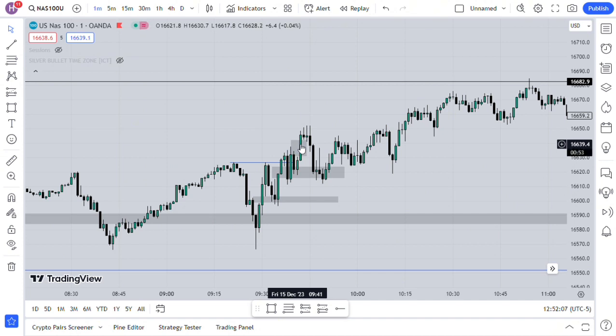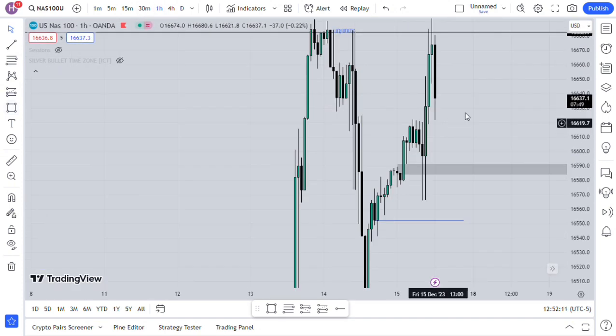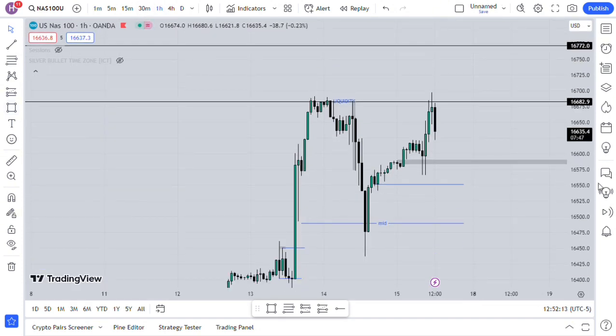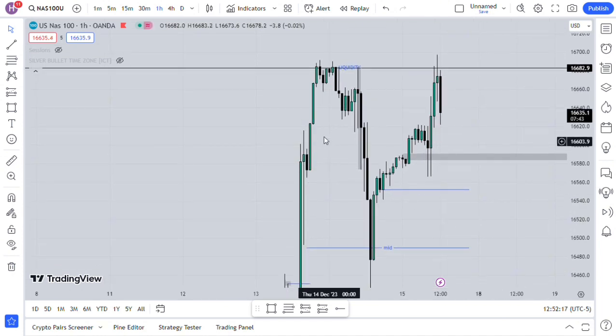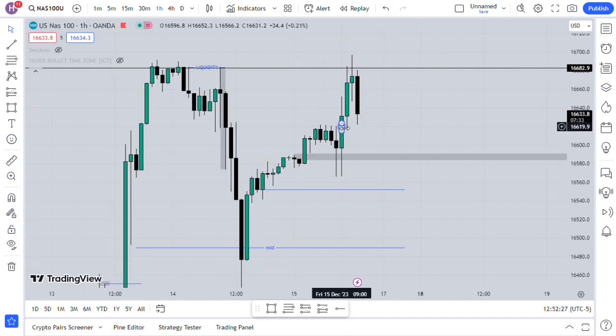Fair value gaps are always on every time frame. Let's see on the 1 hour. As you can see here, there's a very nice fair value gap, and this is the trade that we took here, but we lack any fair value gap here.